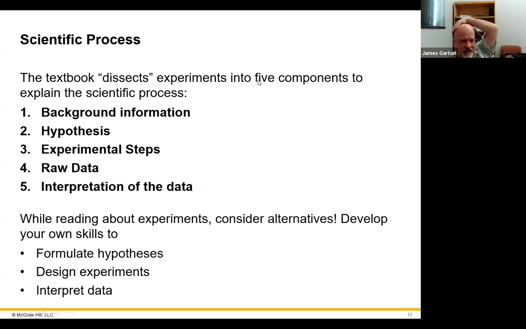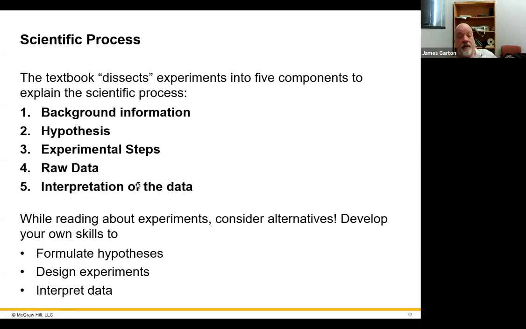Now, this textbook usually chops experiments into a few different steps. Background explanation, development of a proposed explanation of why you're seeing what you're seeing, designing an experiment. Your experiment should give you data. And then you have to analyze that data with statistics.